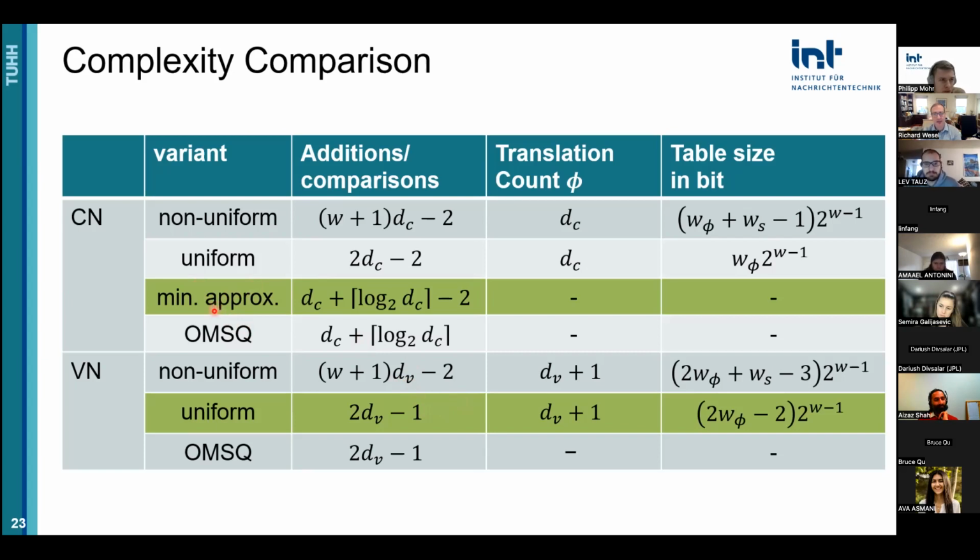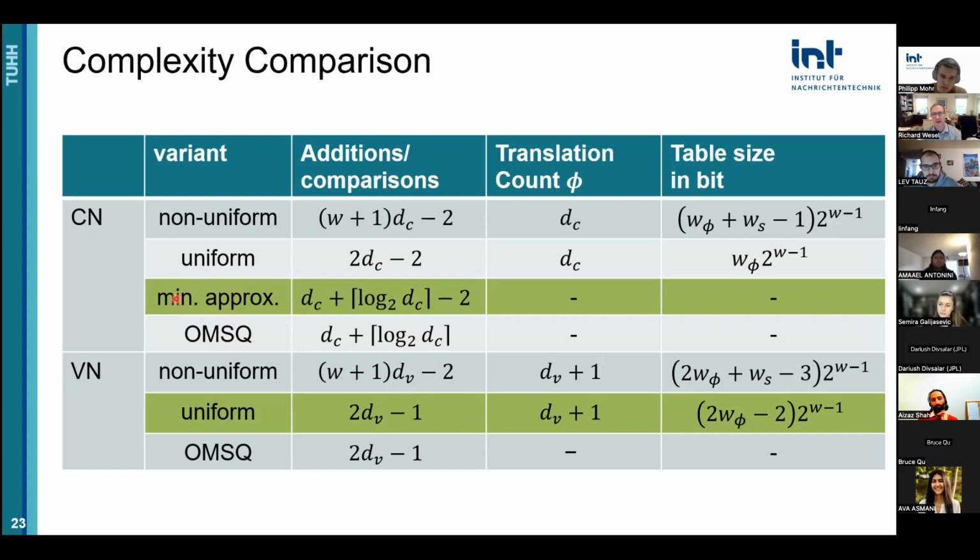Well, I guess there are 4 different ways to handle the check node: non-uniform, uniform, min, so basically what a lot of people would call min-sum, and offset min-sum. And if I do min, you don't divide min-sum into uniform versus non-uniform. So when you say min-sum, are you using min-sum with a non-uniform quantizer? Is that the assumption?